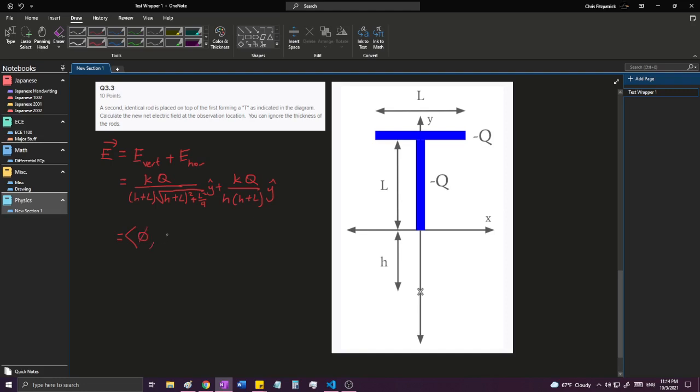Right, 0, q over 4 pi epsilon 0 times h plus L multiplied by 1 over h plus 1 divided by the square root of h plus L squared plus L squared over 4. And that kind of looks like a 9, so I want to make sure that that visibly looks like a 4.